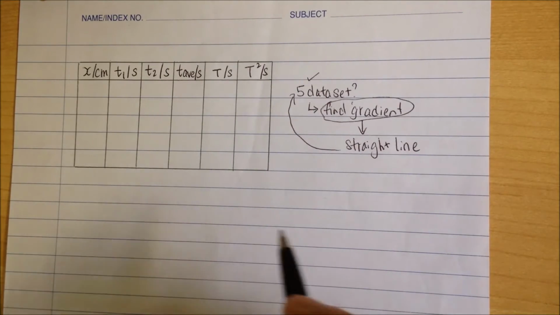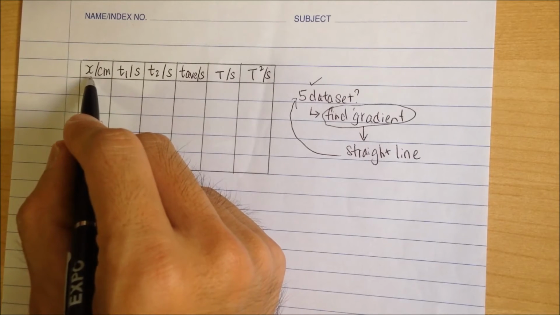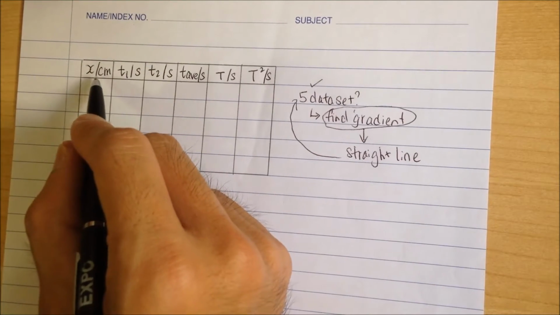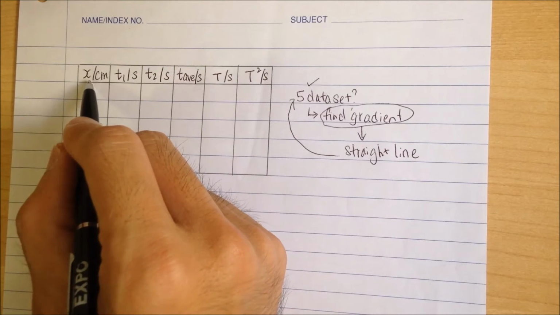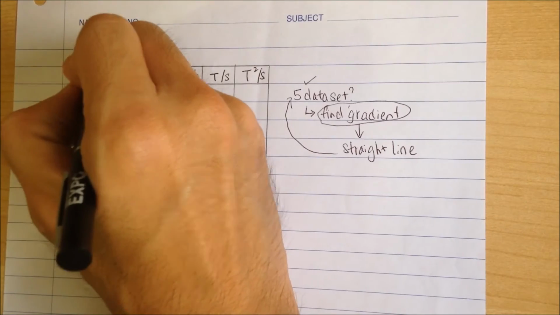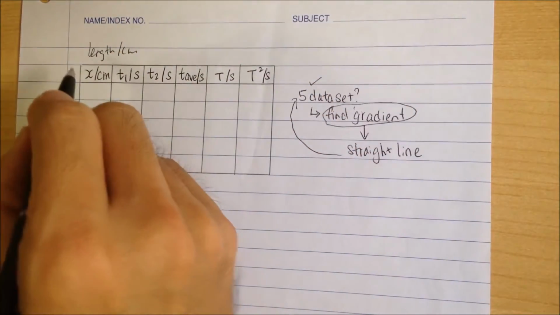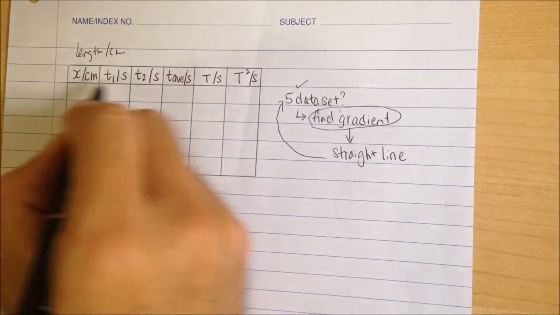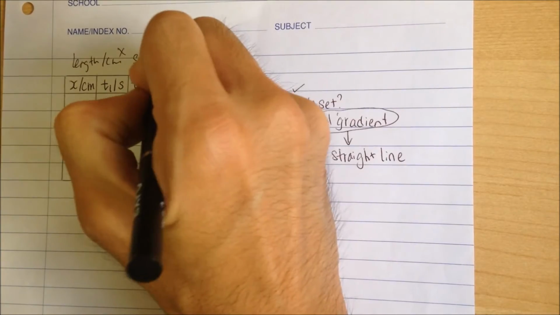Now the second thing we need to check is again the headers. You know that you're going to measure the period at different lengths. So the first column is your length. Okay, please refrain from writing things such as length / centimeter. All these variables here must be written in symbol form only.